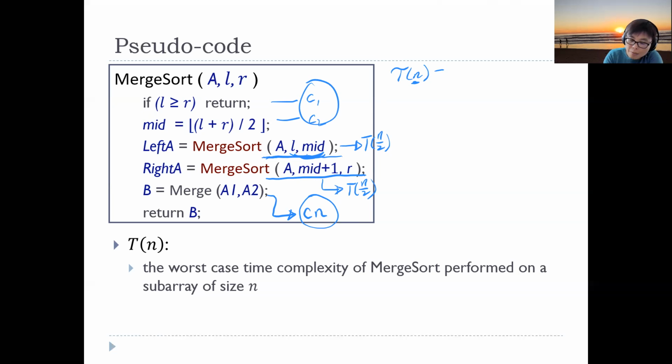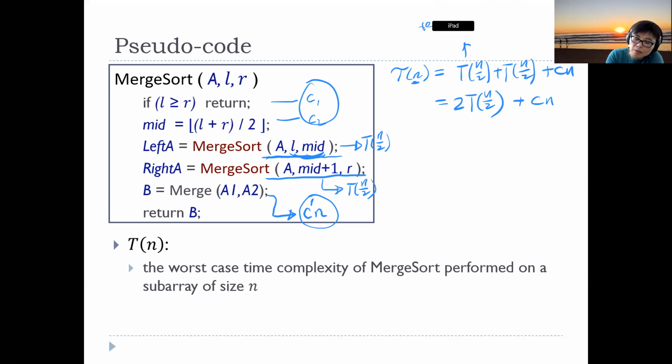We write that the time complexity of our algorithm is T of n over 2 plus T of n over 2 plus Cn, which is 2T of n over 2 plus Cn. So this is the recursive call on the left half, and this is the recursive call on the right half of your subarray.